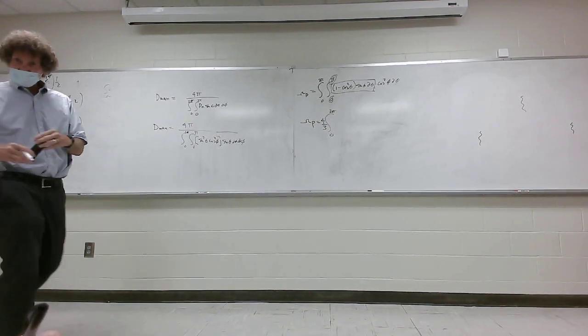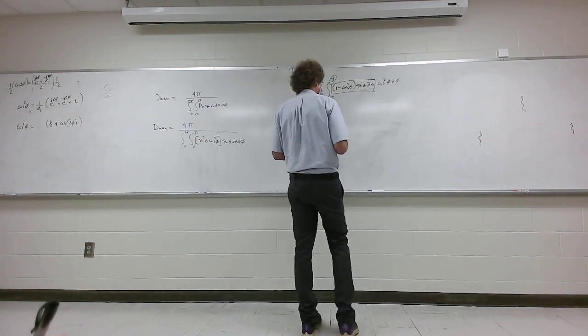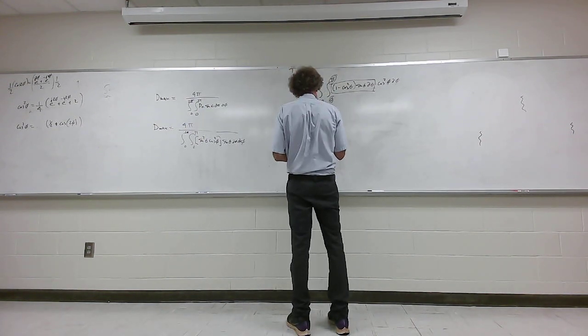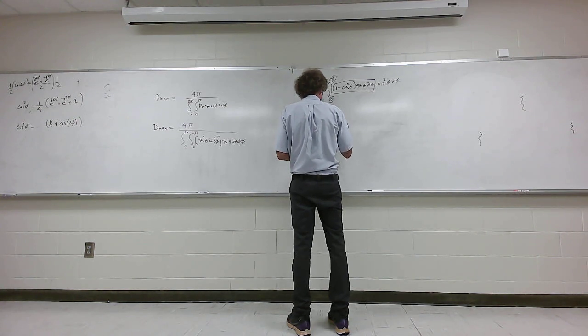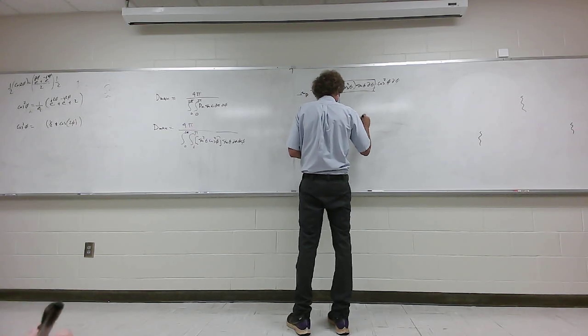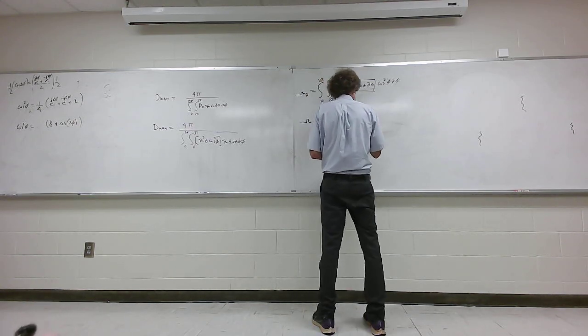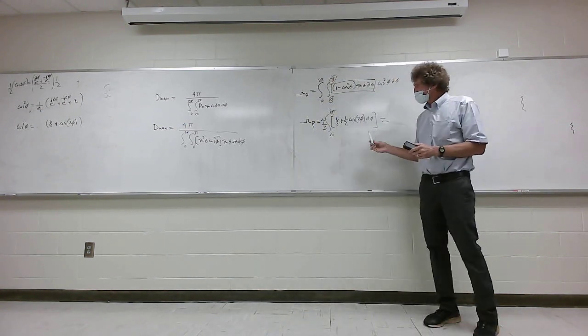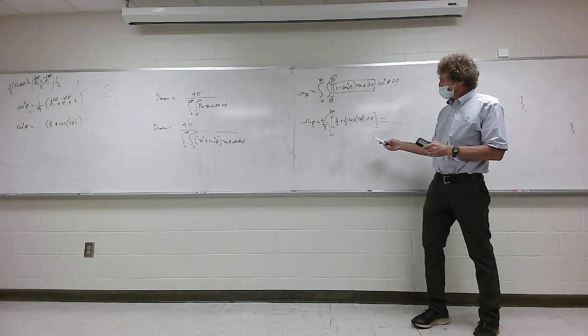And now I think you know the answer to this. So now I go ahead and put this as 1/2 plus 1/2 cosine of 2 phi d phi, right? And what's that going to be? I'm going to do the first part.